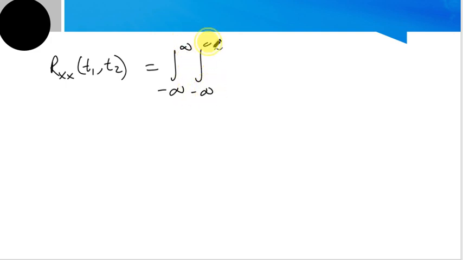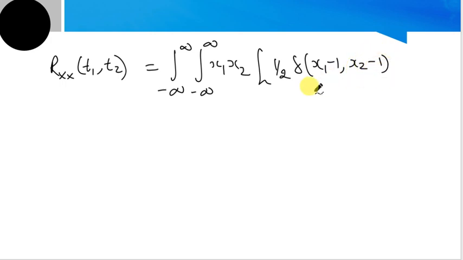Now let us deeply analyze this expression. So I told you they are lying in the same interval. When they are lying in the same interval, let me rewrite the autocorrelation function. This would be the integral from minus infinity to infinity, twice, of x1 x2 into half delta of x1 minus 1 comma x2 minus 1 plus half delta of x1 plus 1 comma x2 plus 1.